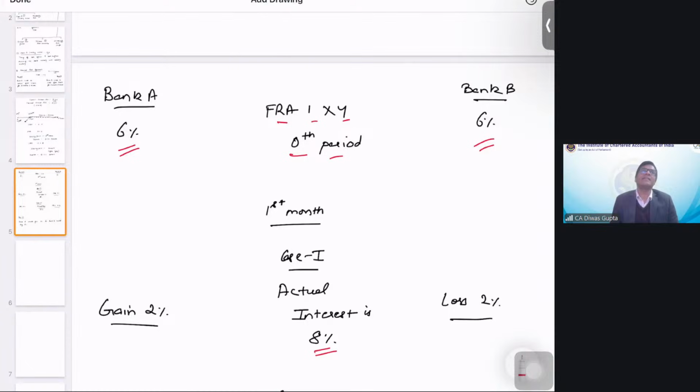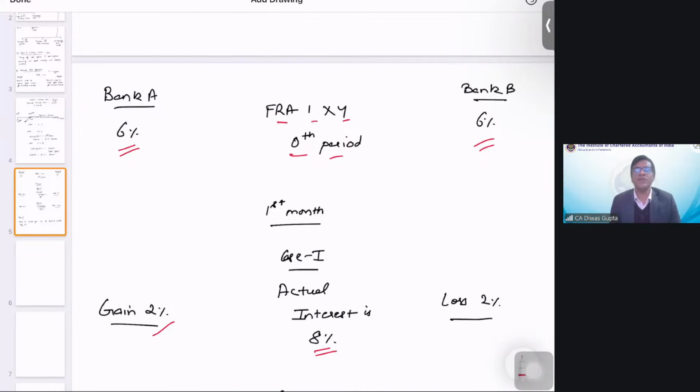Now see how Bank A will say, I have a commitment to borrow at 6%. The market interest is 8%. That means I am benefited by 2%. Correct? Because the commitment is at a lower rate than the market rate of 8%. So there is a gain of 2% here, students.